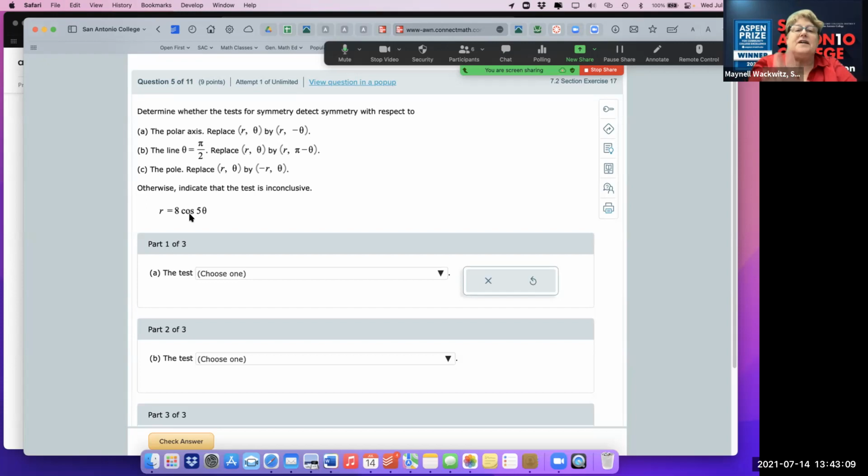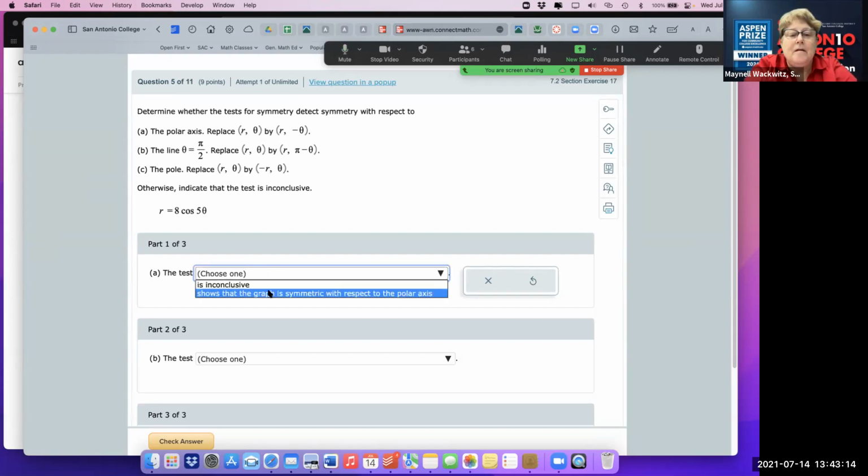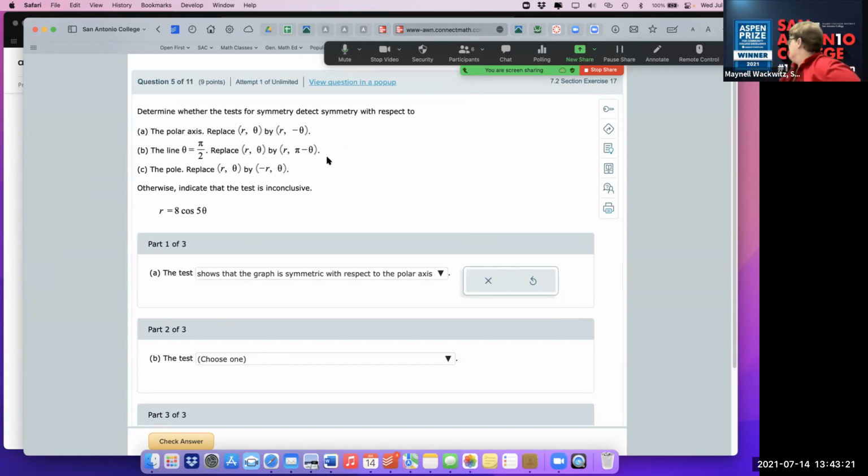So that means cosine is always going to be symmetric with respect to the polar axis. Okay, what about replacing theta with pi minus theta? That's a fun one. So we've got r equals 8 cosine 5 theta, and we're going to let all of the thetas be pi minus theta and see if the overall equation changes.